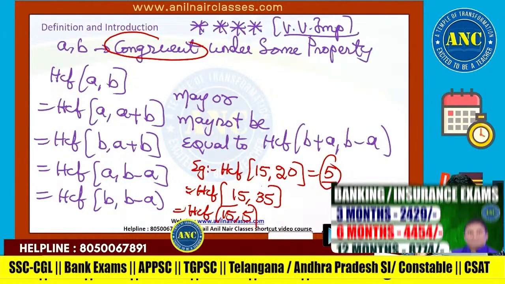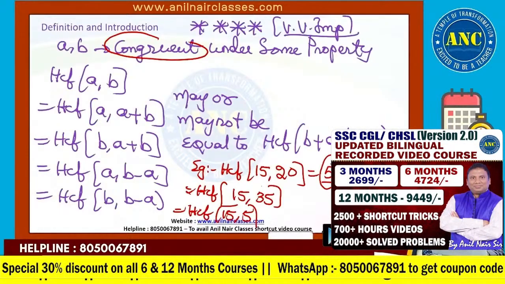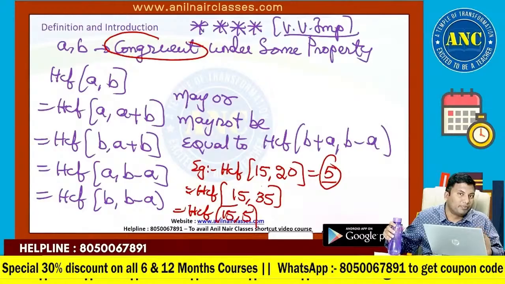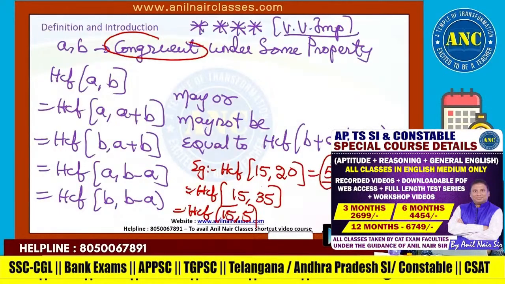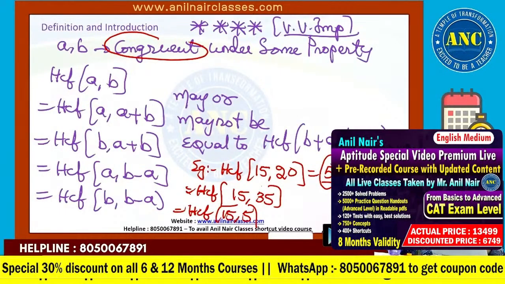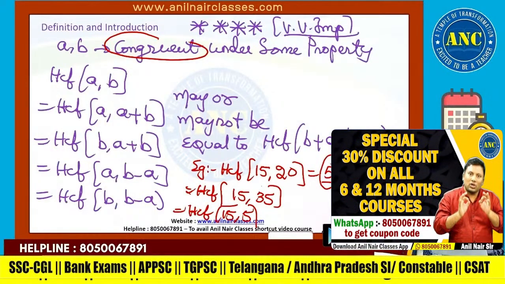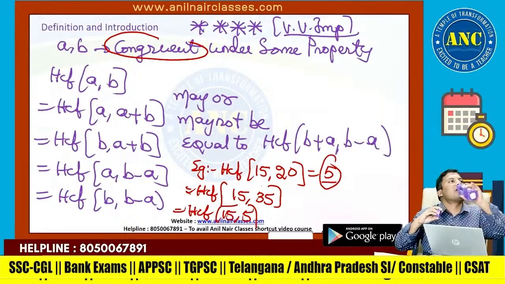If it is clear, kindly keep it in the live chat. Yes, yes, yes, so that I can go to the next concept. What is congruence modulo theorem? If two numbers are congruent under a property, addition of two numbers with the individual numbers, subtraction of two numbers with the individual numbers, HCF does not change.